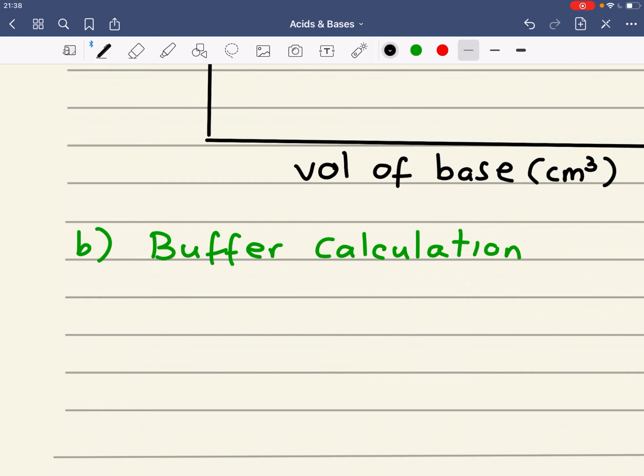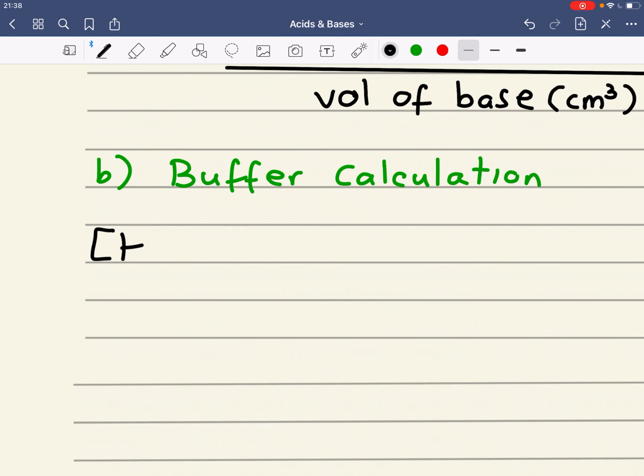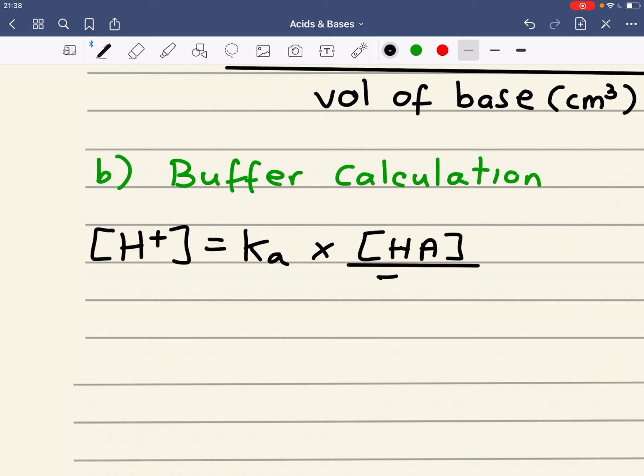And when we're doing a buffer calculation, we need to look at the following equation: H plus is equal to Ka times HA over A minus. So that's the equation we're going to use here. But what we've got to do now is work out these values.